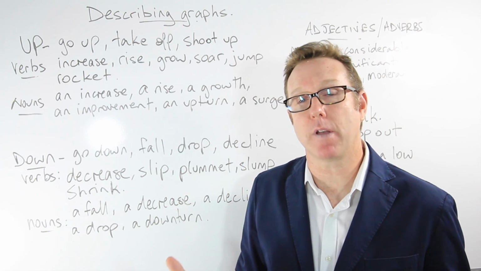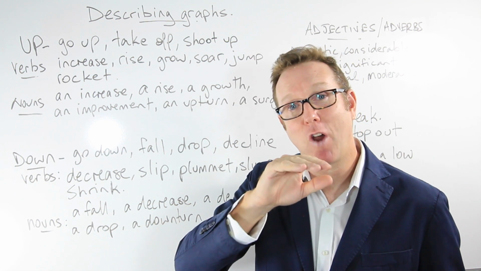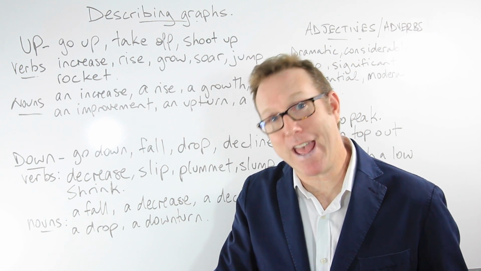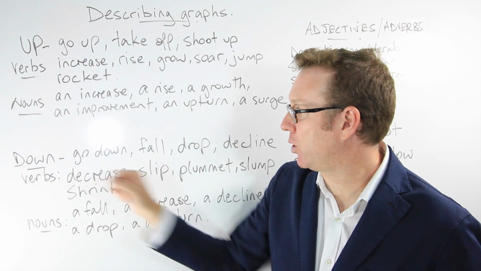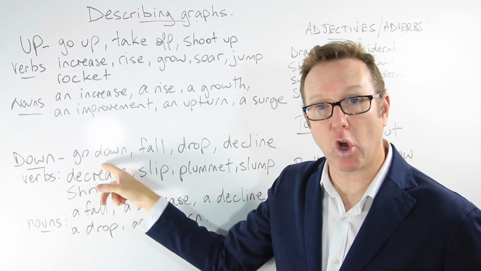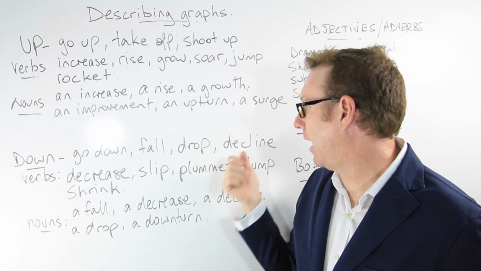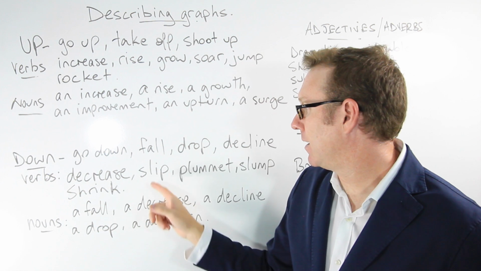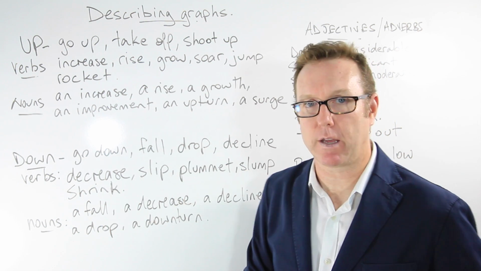Now, on the opposite side, sometimes business doesn't go too well and we need to describe down trends on a graph. And the verbs that we use are go down, fall, drop, decline, decrease, slip, plummet, slump, shrink.